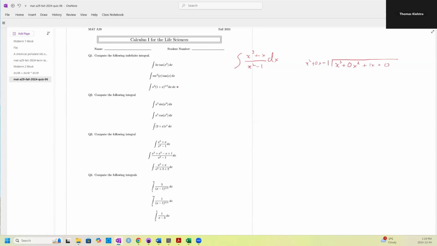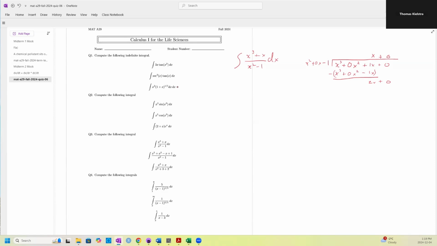X squared goes into x cubed x times, giving me x cubed plus 0x squared minus 1x. And when I subtract this, I get 2x plus 0 left over. And now I have plus 0 here.